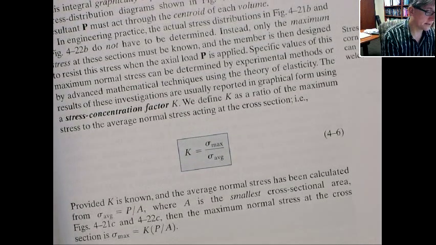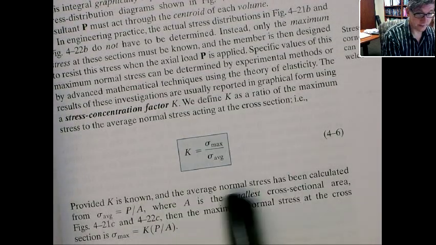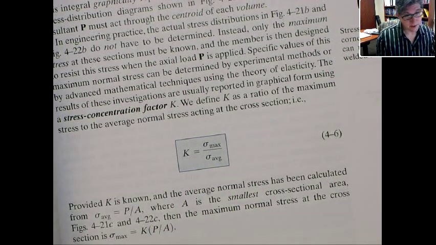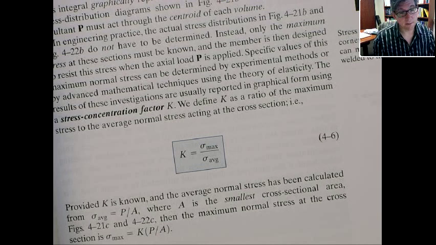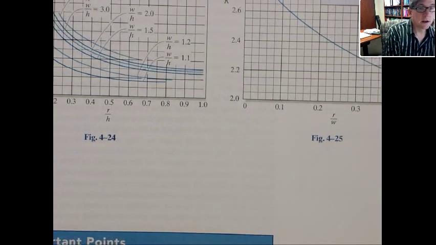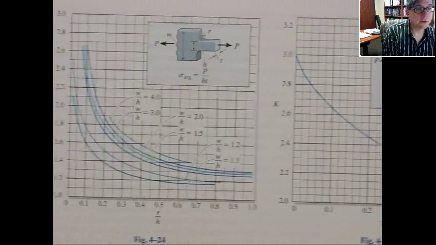Now how much it amplifies is this stress concentration factor, right? K is the max stress over the average stress. So you can compute the average stress by force over area, and then you can get the maximum stress by multiplying by K. So the way you normally see this is an example for those two cases.